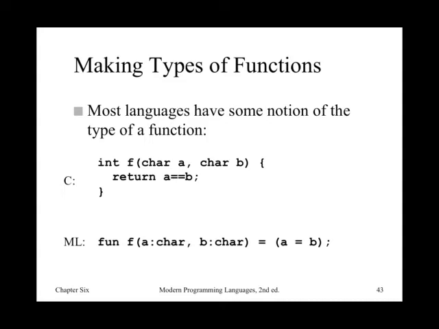I'm going to take in two characters, but the function is defined as simply a comparison of A to B. If you put that into your SML interpreter, it's going to pop out char star char arrow bool. That's what it's going to give you. It's going to take a tuple of two characters and return a Boolean.